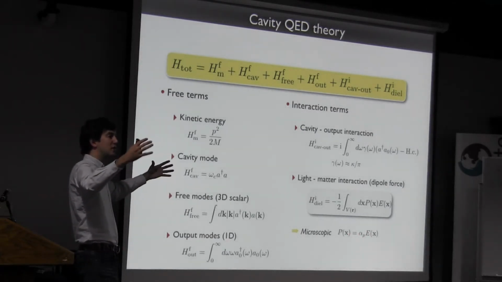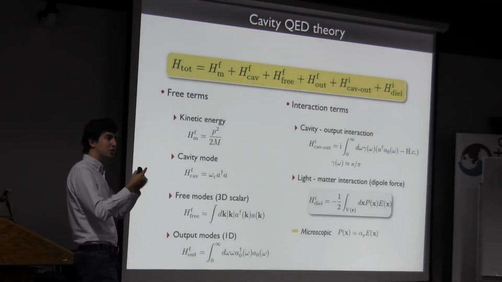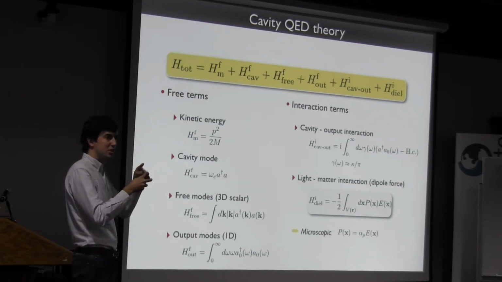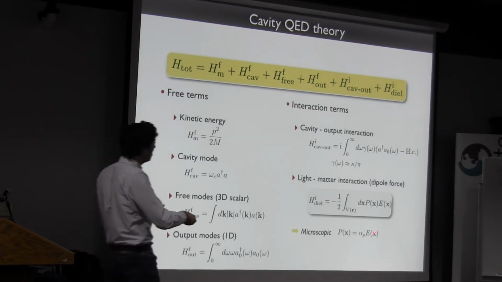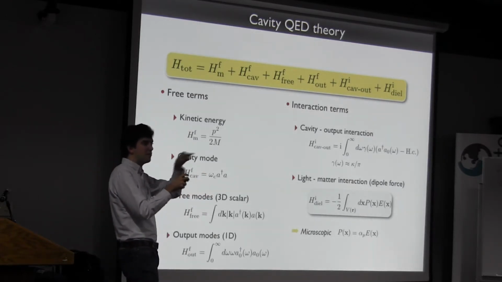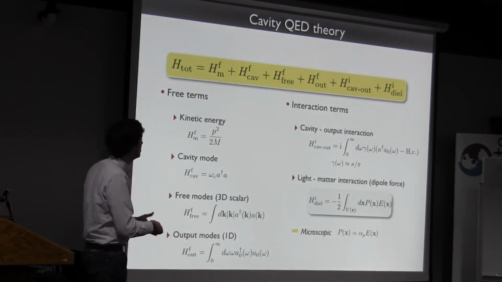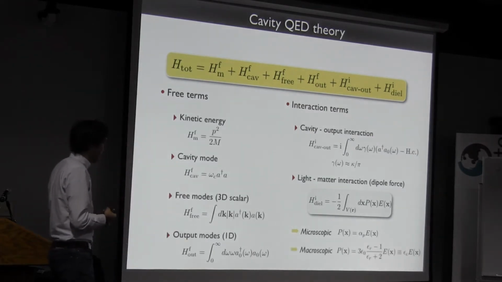If you have a bunch of atoms, it would be quite difficult because you would need a microscopic theory to know how the polarization depends linearly on E, because there might be many interactions between the different dipoles inside the object.